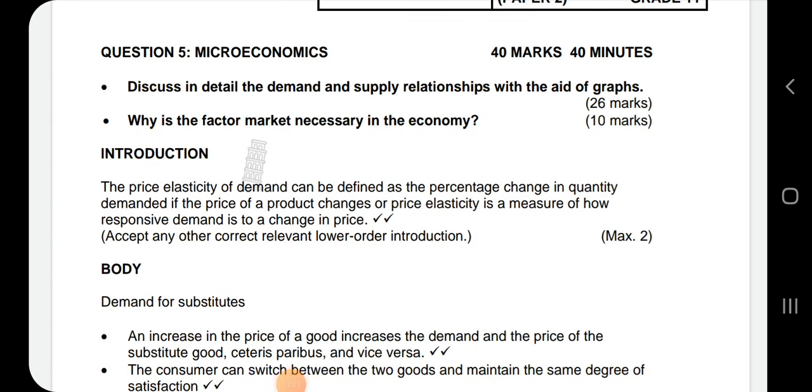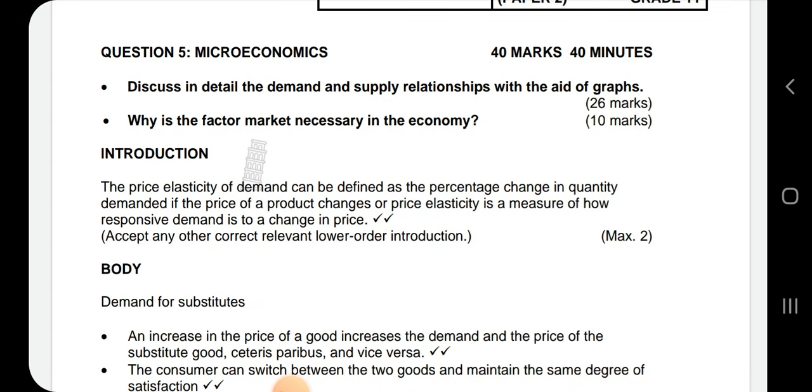So let's look at the answers for question 5. When you're asked to discuss in detail the demand and supply relationship with the aid of graphs, you need to take out everything you know about demand and supply and put it on paper. Every single thing you know, put it on paper.